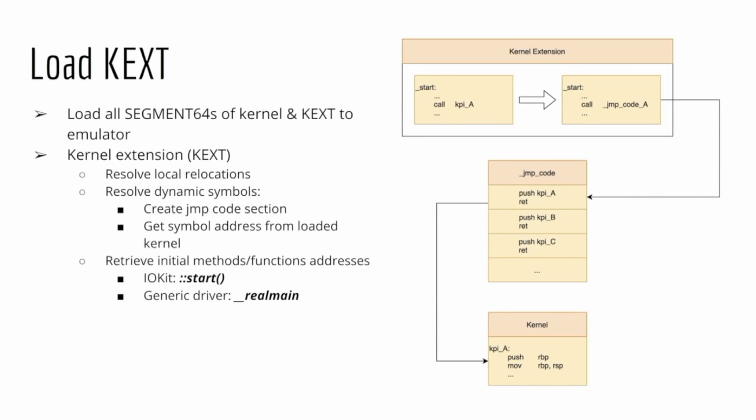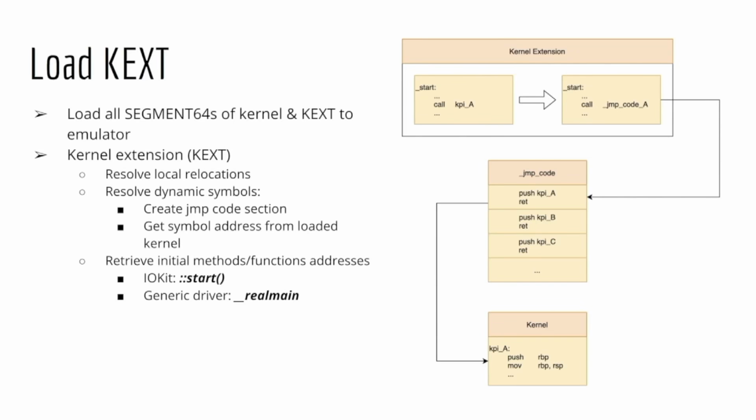Besides, like a normal application, I have to resolve local symbols and some other dynamic symbols of the case. However, the kernel exports its KPIs through some dependencies, so it is necessary to create jump code as a kind of indirect calling.